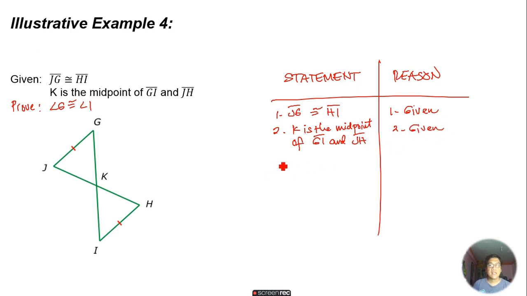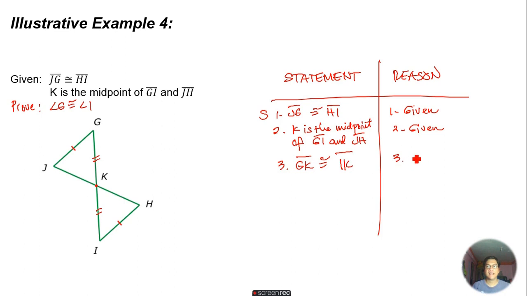Next, let's go to the figure. JG is S. K is the midpoint of GI and JH, therefore it divides them. If it divides, we know that this one is congruent to this one, right? So, number 3, GK is congruent to IK.